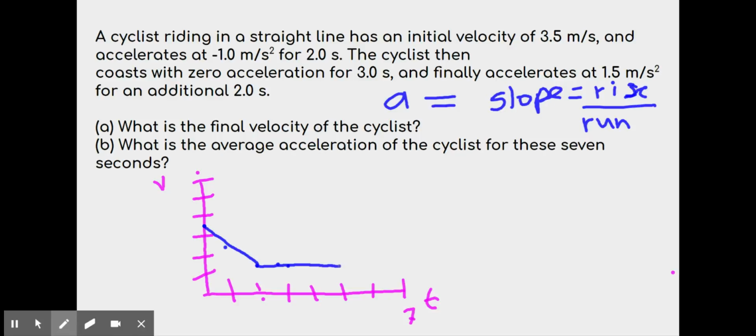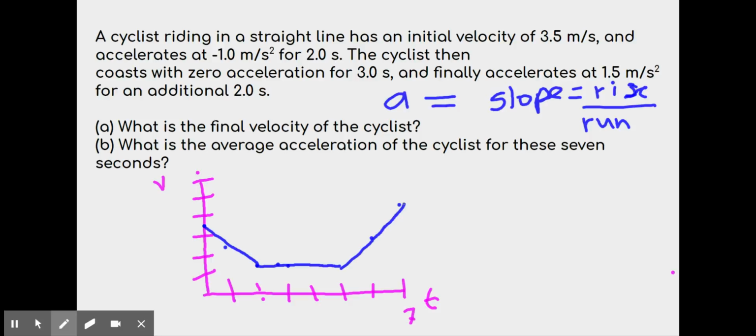Right now we are at 1.5, and 1.5 plus another 1.5 is 3, and that'll happen here. Then we move up to about 4.5, so we have something that looks like this. That's kind of what the cyclist is doing. If this helps you visualize it better, fantastic.